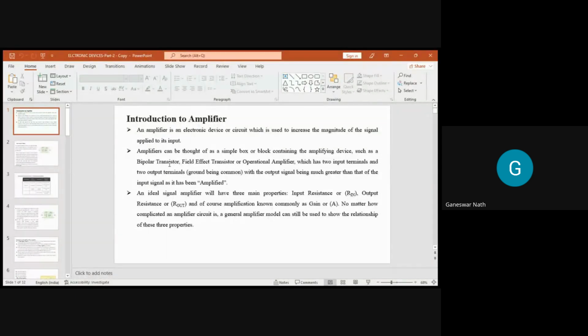So it may be a bipolar transistor, it may be a FET, or it may be an op-amp, which has two input terminals and two output terminals, with the output signal being much greater than that of the input signal, and which has been regarded as an amplifier. Whatever signal we find gets amplified as compared to the input. Am I clear to all?